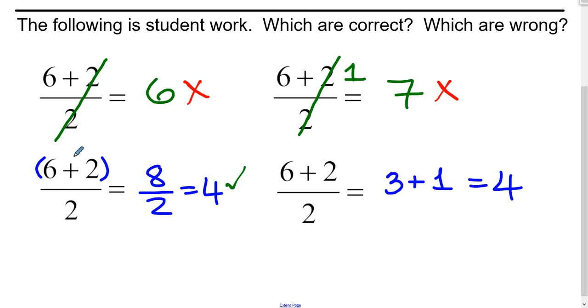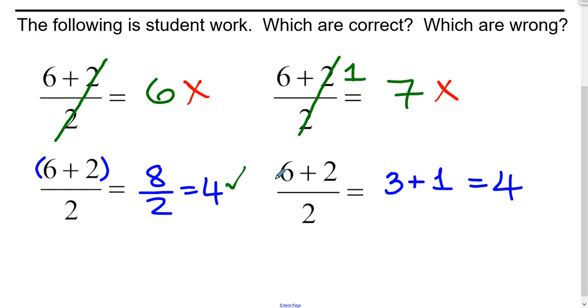So it means that we really need to simplify everything that's in the numerator and simplify everything that's in the denominator before we start trying to air quote cancel or air quote reduce and make it equivalent to 1, okay? So we get 4, because 6 plus 2 is 8, and half of 8 is 4. Huzzah! When we go and look at what this fourth student over here did, well, how did we go from 6 and 2 over 2 to just 3 and 1?